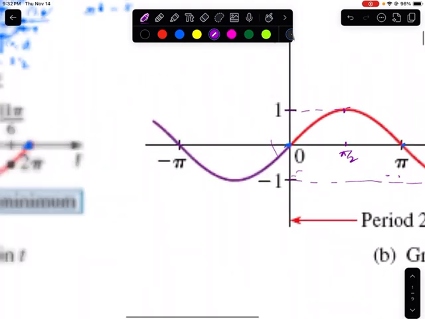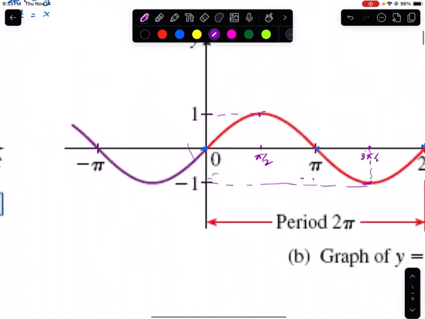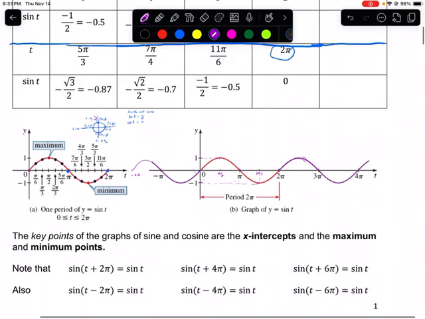It keeps going. And the same thing on the left side: between negative pi and 0 it will be the same as between pi and 2 pi, and then between negative 2 pi and negative pi it will be the same as it is between 0 and pi, and so on. So it just repeats.